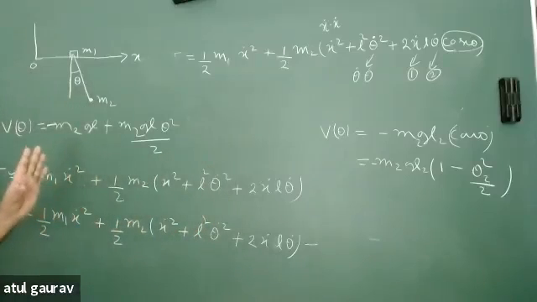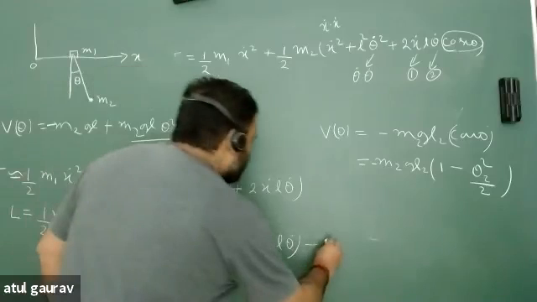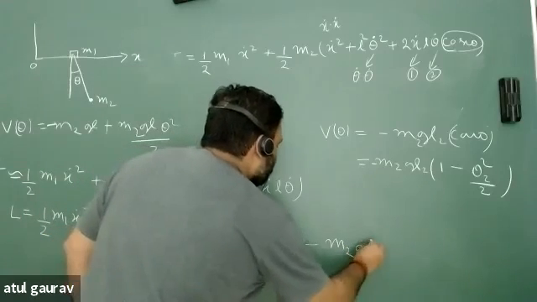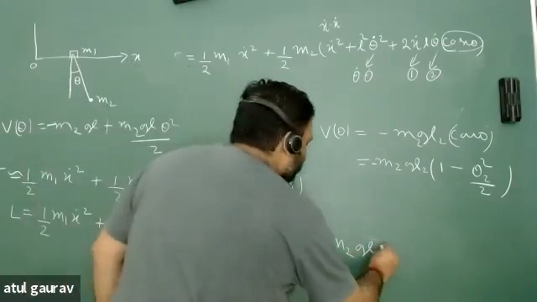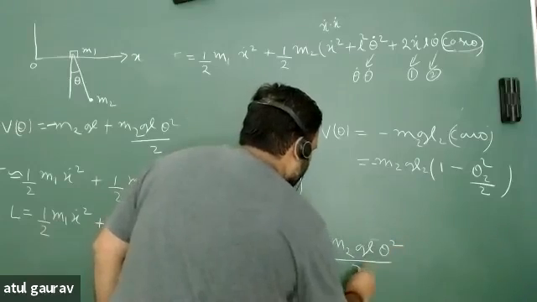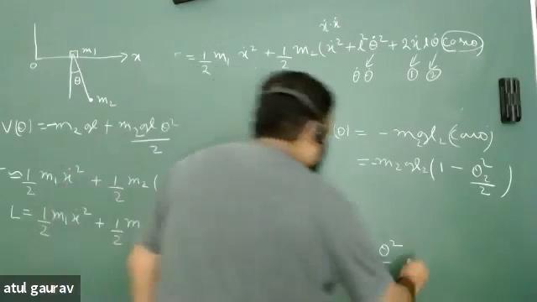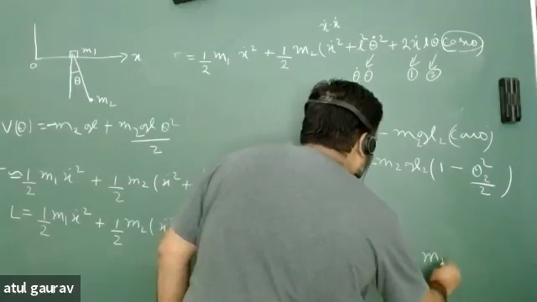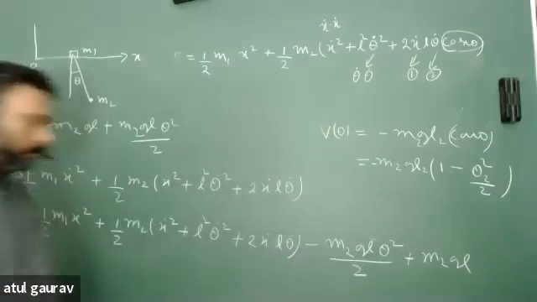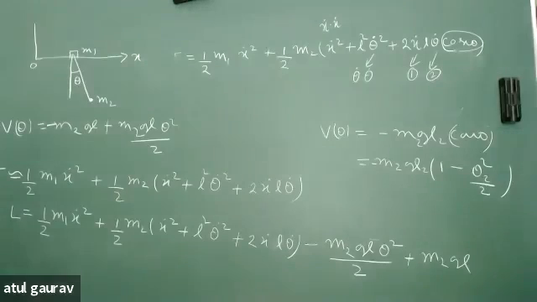Are you comfortable? So then this will be M2 g L theta dot square plus M2 g L. Now you can ask: M2 is below the origin, so we take minus g.